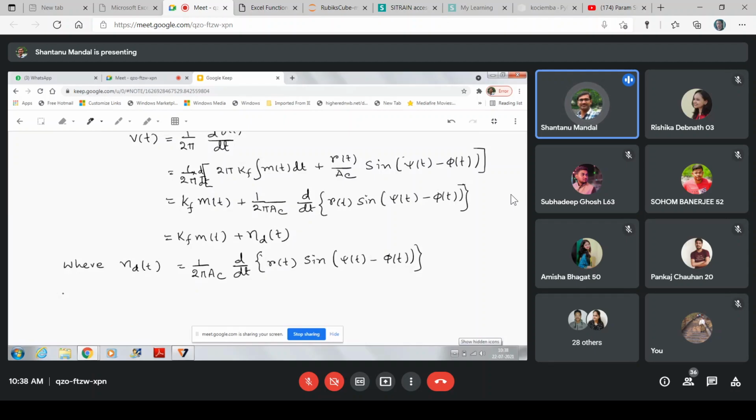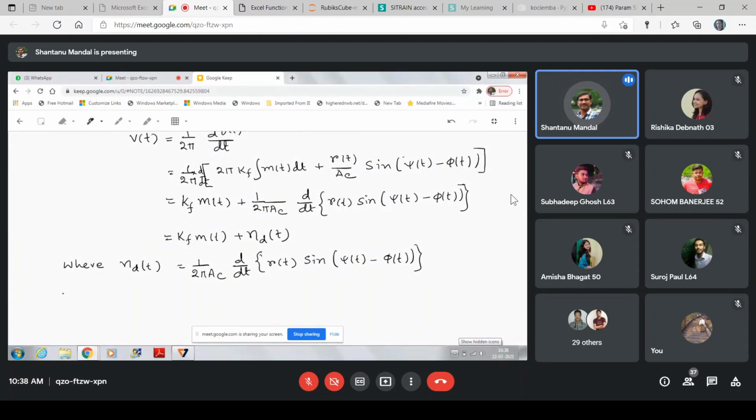Now we have to use the output SNR. Output SNR can be defined as the quality of the performance of the FM receiver. So output SNR determines the quality of the FM receiver.